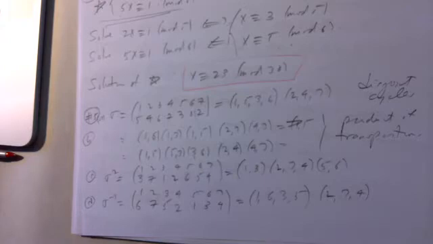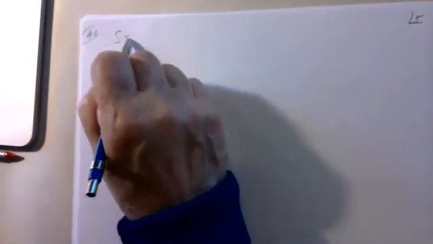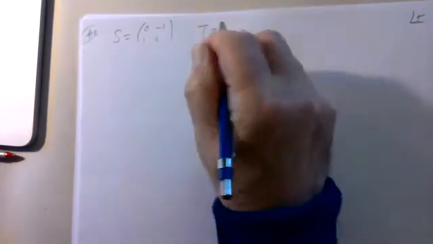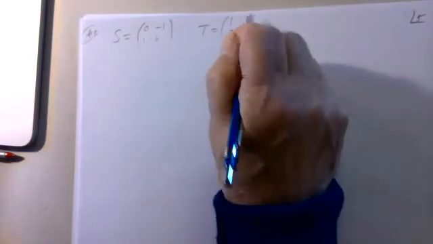Questions about any of this? Number 6, we have two matrices. S is 0, -1, 1, 0, and T is 1, 1, 0, 1.